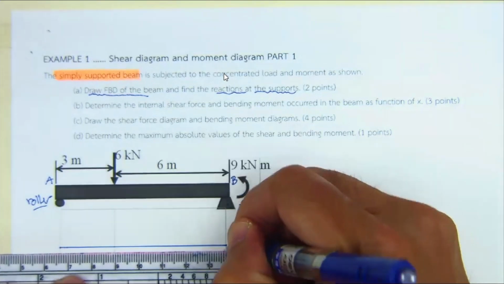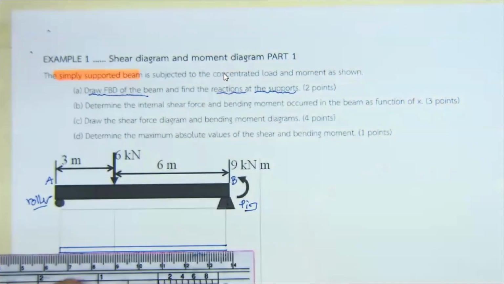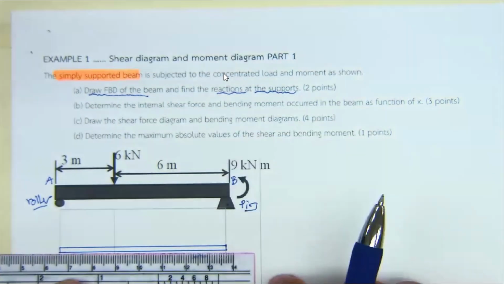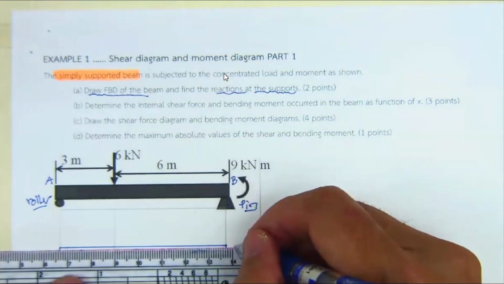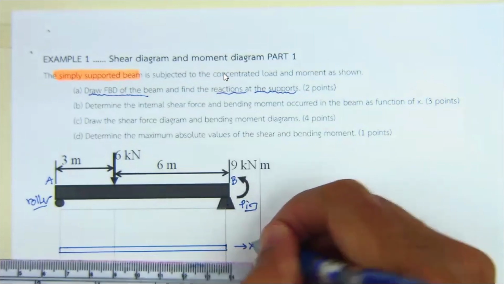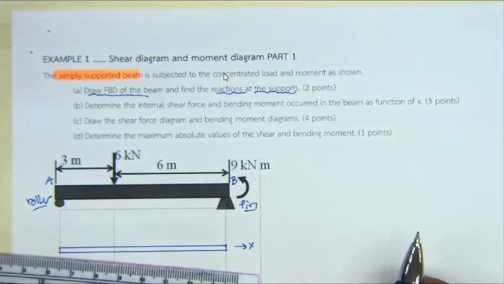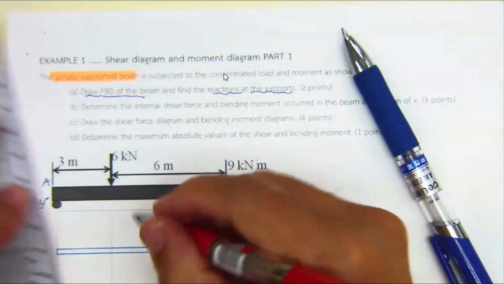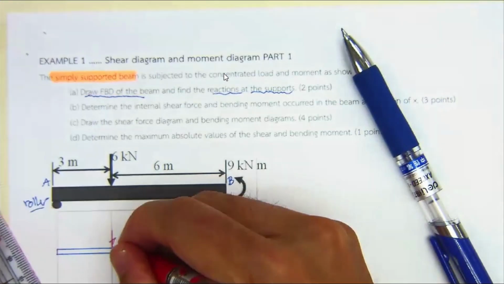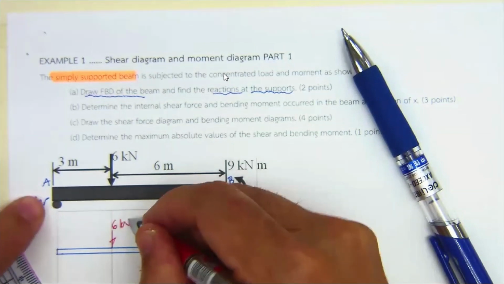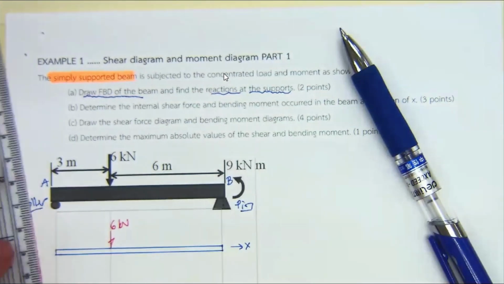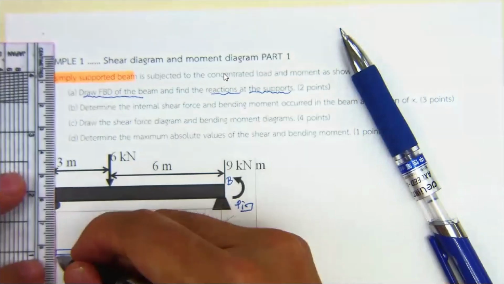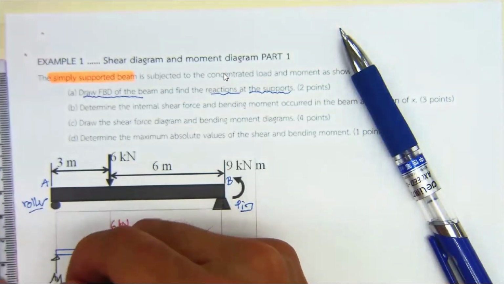Now, when you have this one, you have to take the beam out of the support and then set up. This is going to be the x-axis. Under the application of 6 kilonewton over here, the support as roller will have the reaction only for A sub y.